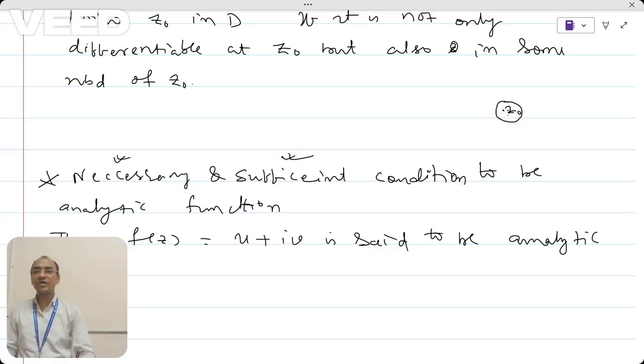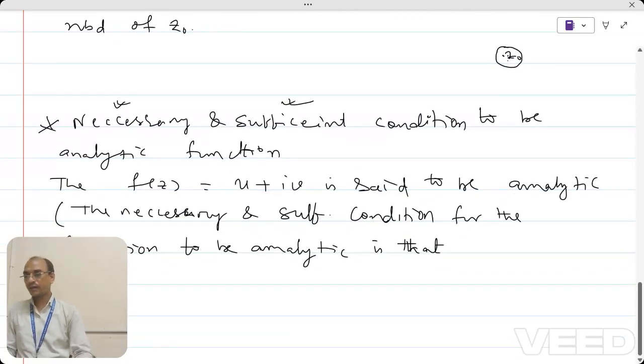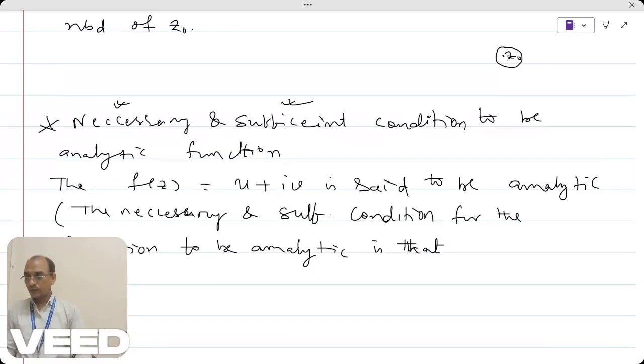the necessary and sufficient condition for the function to be analytic is that ux, uy, that means partial derivatives of u and v with respect to both x and y.